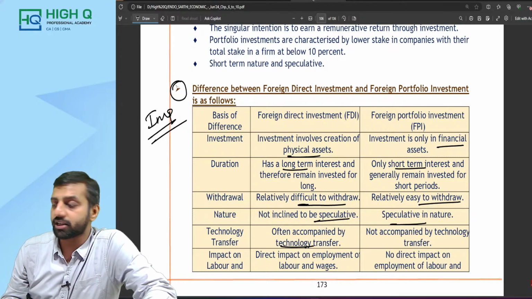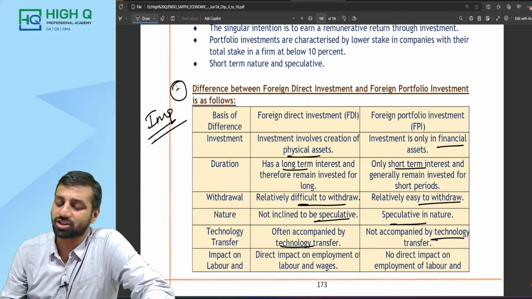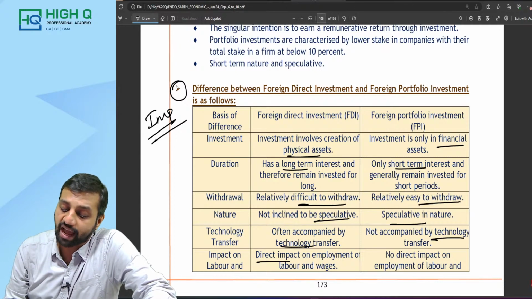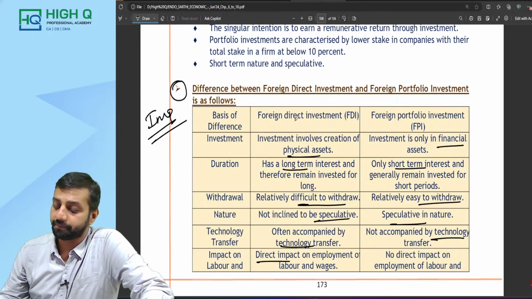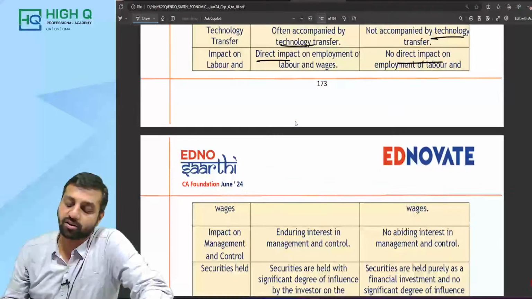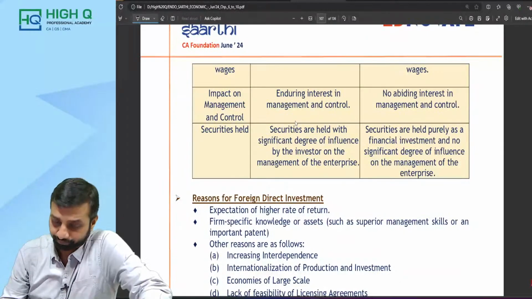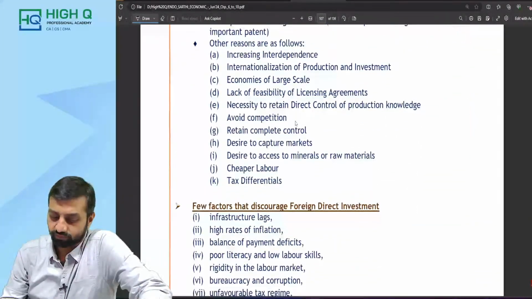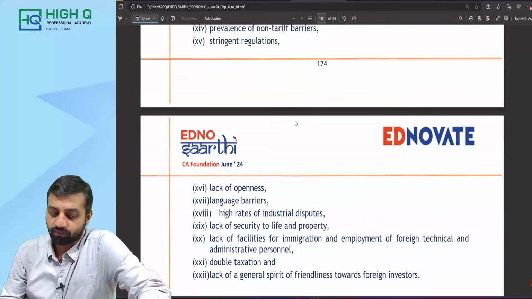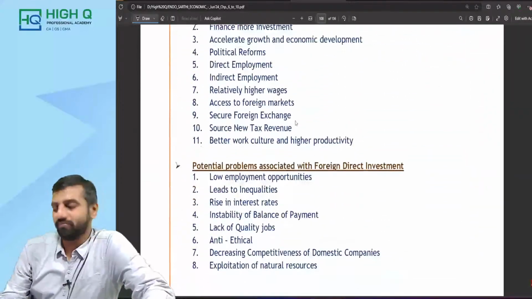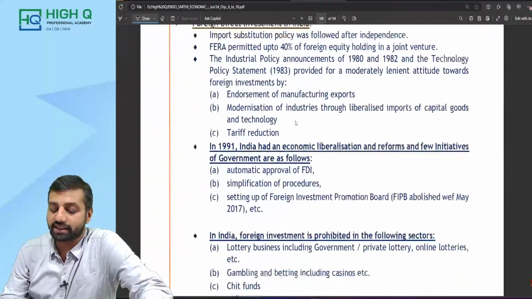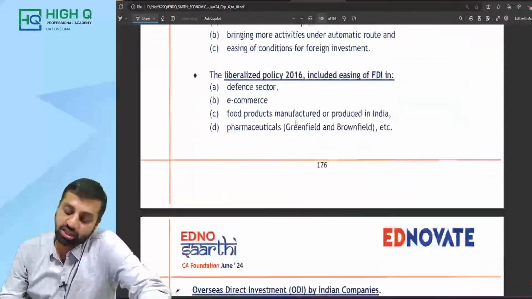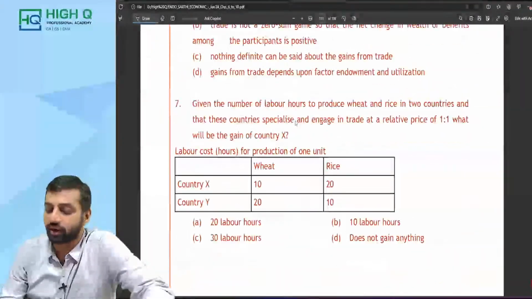With FDI you get the advantage of transfer of technology, with FII there is no transfer of technology. FDI has a direct impact on labor and employment, FII has no direct impact. Next there are merits and demerits of FDI, which is again quite simple, in the read-once category.